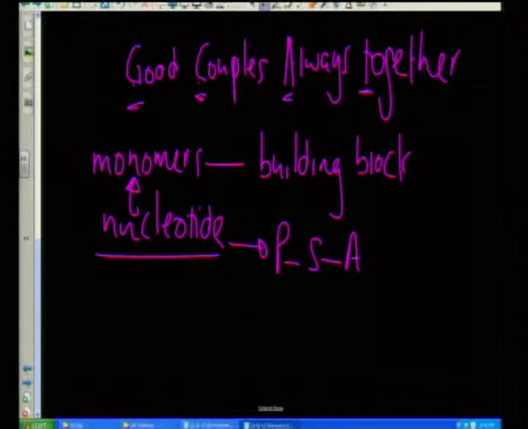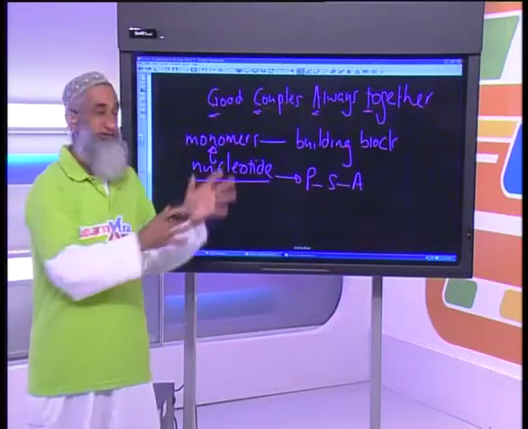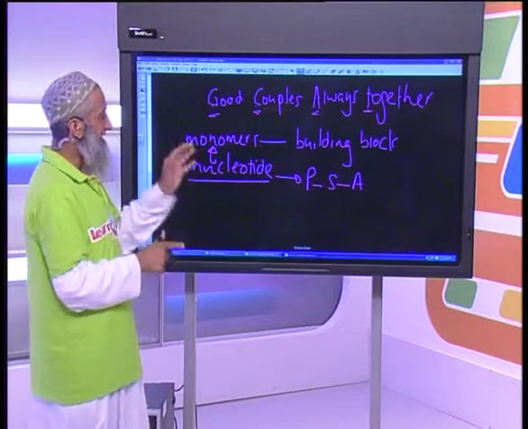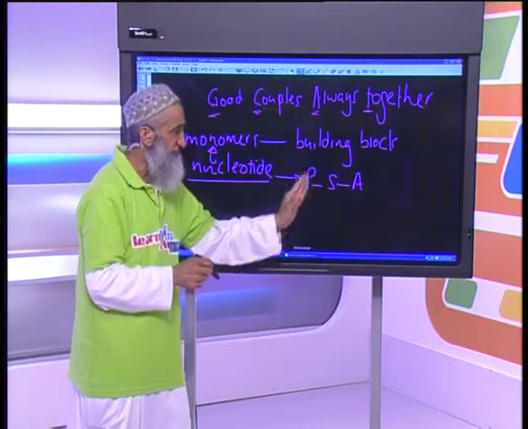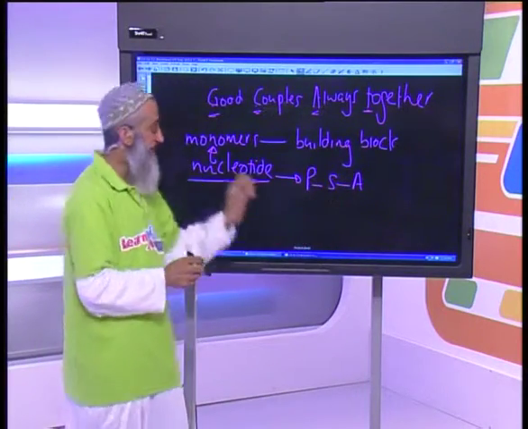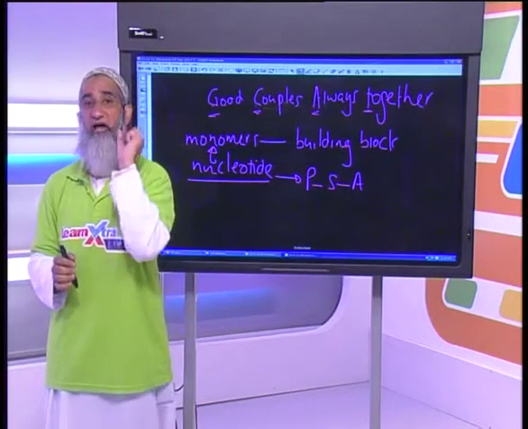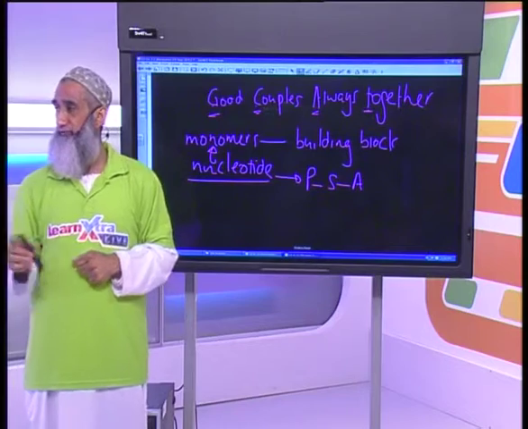For example, in this case here, this is an adenine nucleotide. And it's a building block of DNA. So therefore, it's a monomer as well. So the word monomer means building block. A nucleotide is made up of phosphate, sugar, and nitrogenous base, and a nucleotide is actually the smallest part of a DNA, and those are the monomers of a DNA.